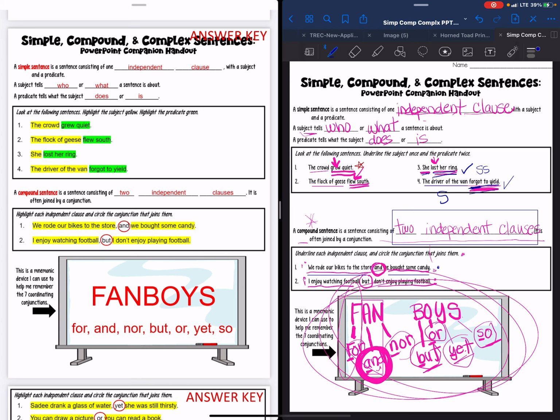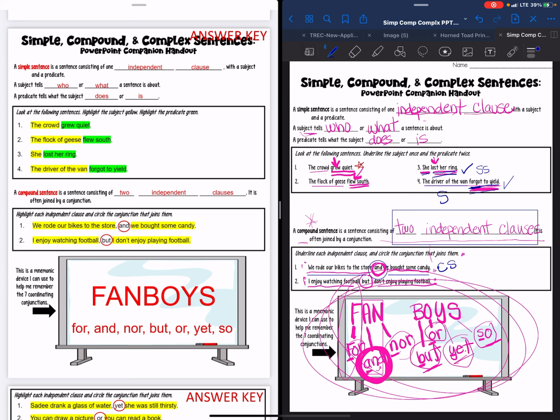What makes it a compound sentence is that we added a conjunction: and. We bought some candy, that would be a standalone sentence by itself. And we rode bikes to the store, that would also be a standalone sentence. So, and makes it a compound sentence.